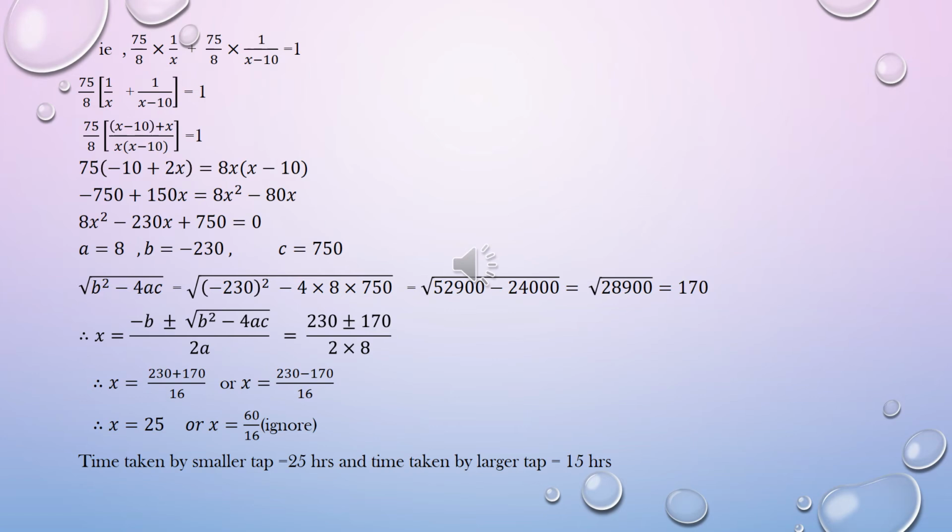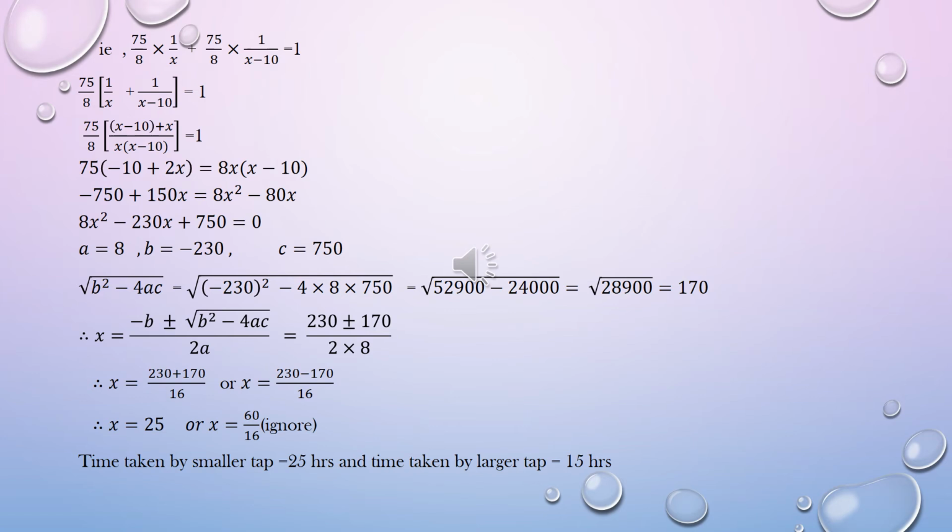Numerator is 75 into negative 10 plus 2x by x into x minus 10 is equal to 8. Transposing x into x minus 10, we have right side as 8x square minus 80x. Transposing and making it into the standard form, we have 8x square minus 230x plus 750 equal to 0.